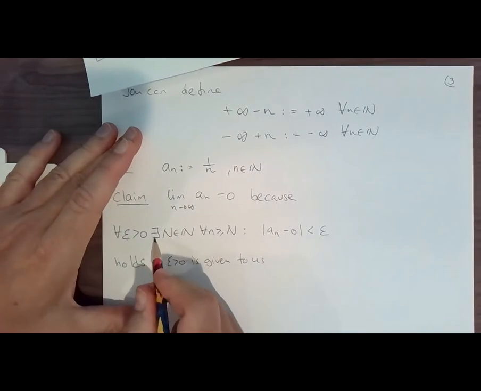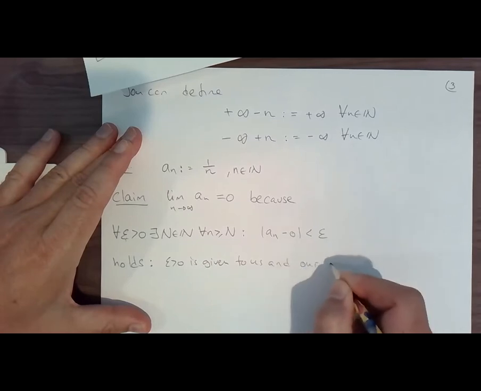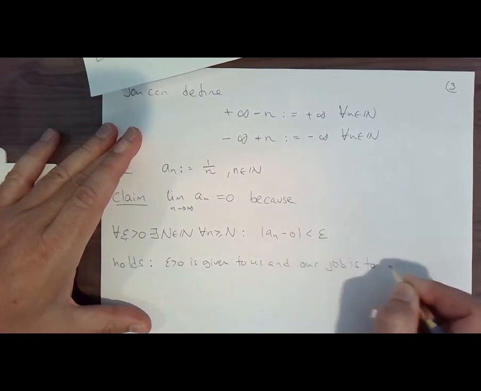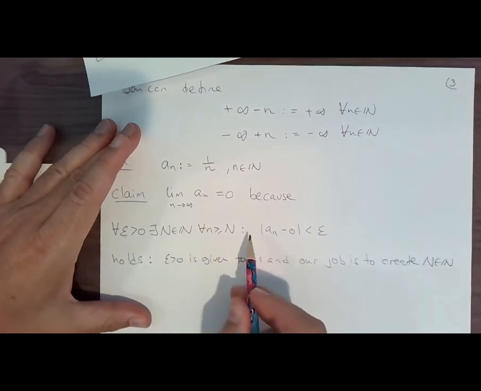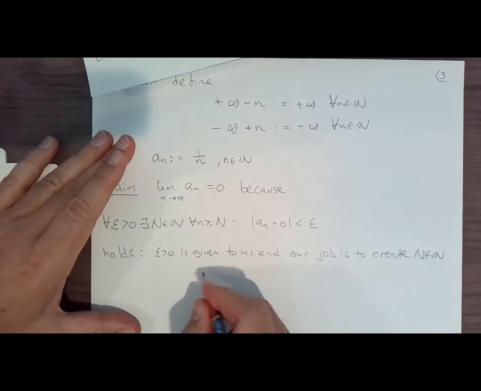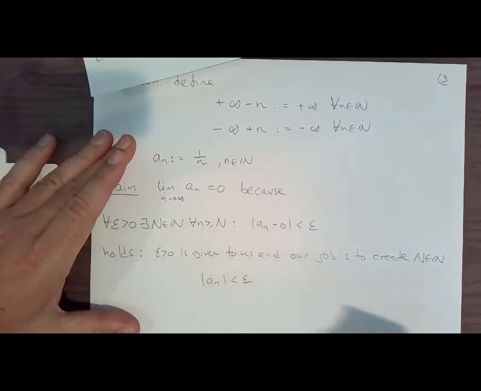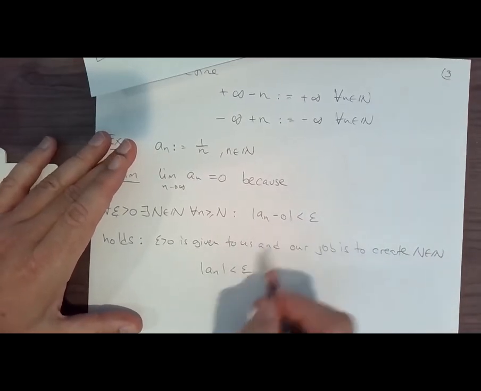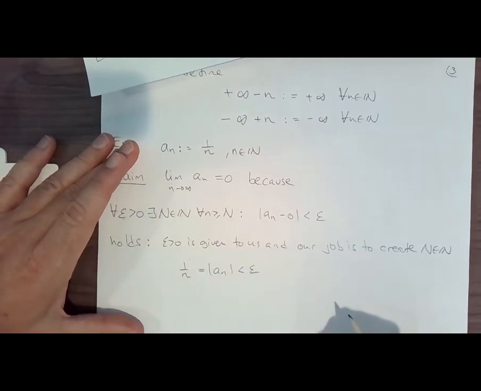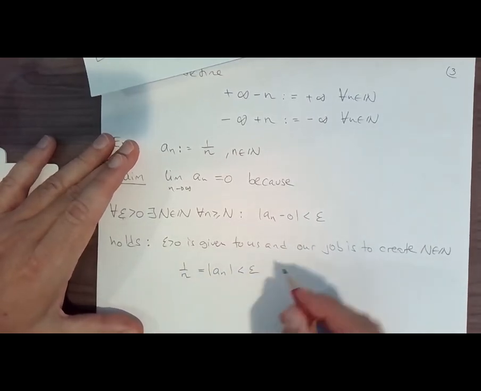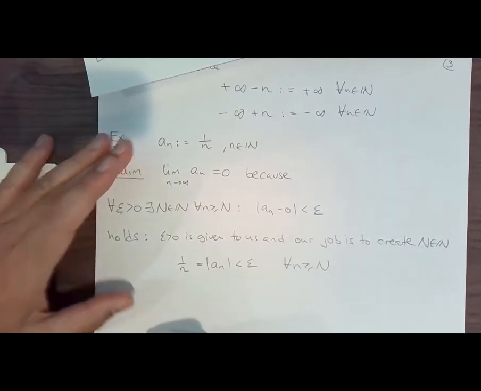Our job is to create this natural number with the property that an is small. An minus 0 is still an. An here is also positive. This is 1 over n. This has to hold for any n that comes later than capital N.